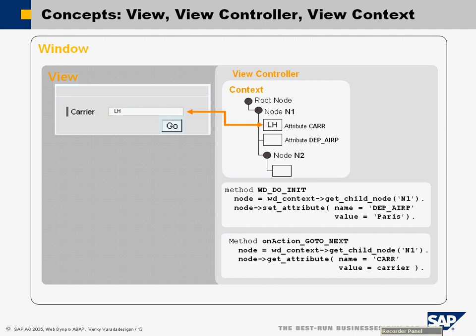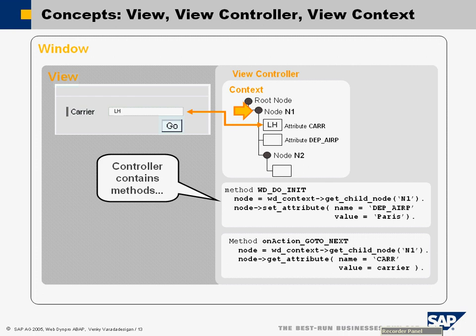All right. So what else is contained in the controller? The controller is also in charge of, as I said, coordinating between different components or different parts. So where is the coordination done? That is done in the methods or events. So you have something called a method, for example, in this case, WD do init.